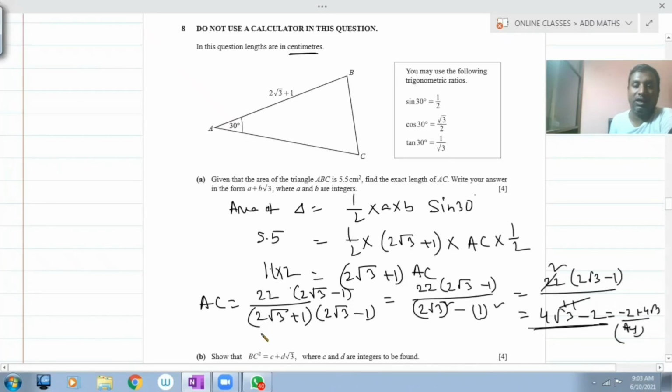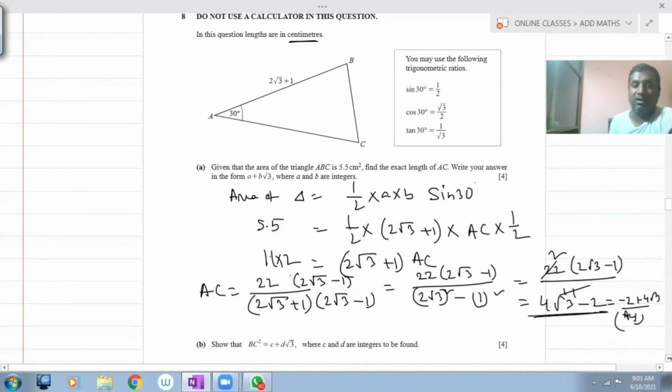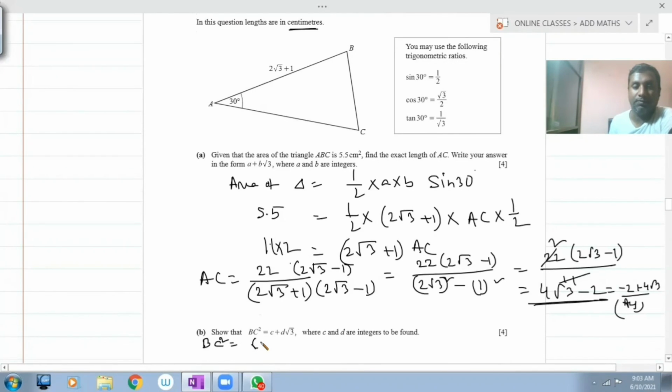Okay, now let us find out, I mean to show BC square, I mean this side is c plus d root 3. For this reason we can apply the cosine rule. BC square equals to 2 root 3 plus 1, and this side is given.